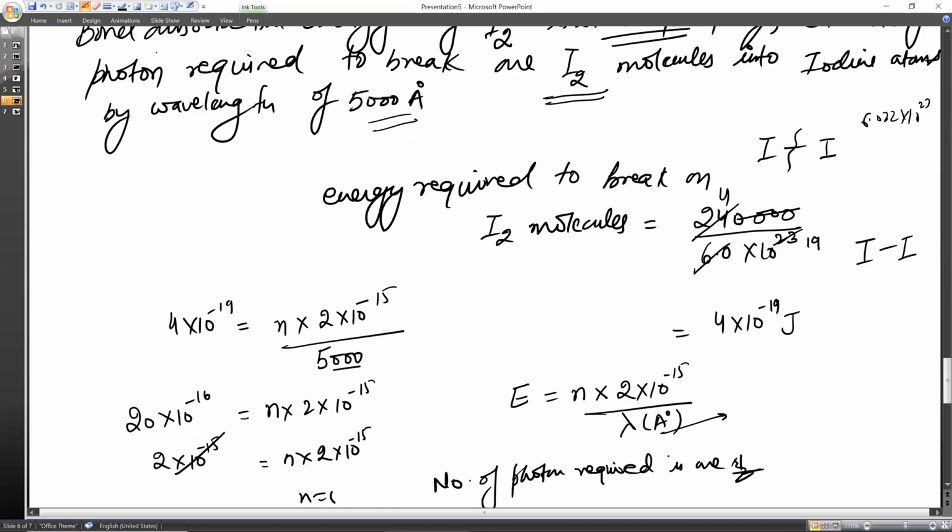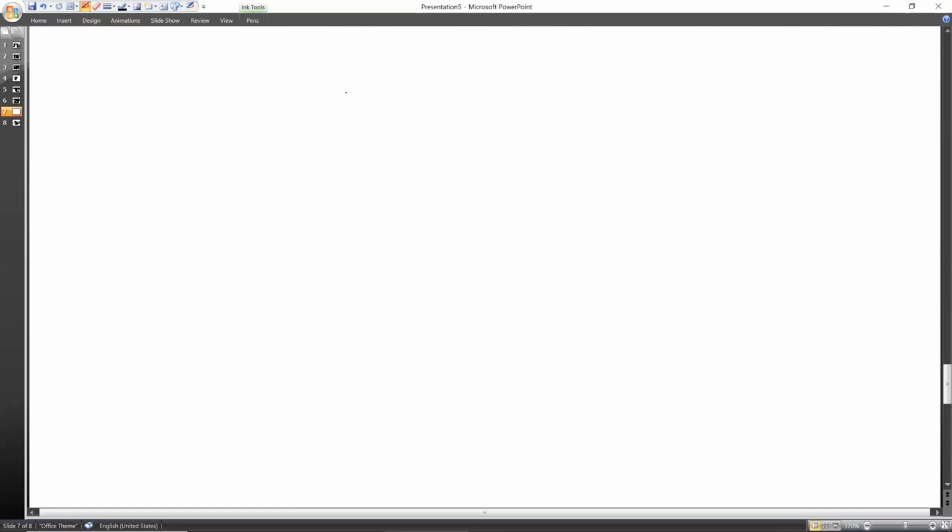This formula basically comes from solving these values: E is equal to hc by lambda. h is 6.6 into 10 to the power minus 34, c is 3 into 10 to the power 8. If the wavelength is in angstrom, whatever is given to you, you have to write it as 10 to the power minus 10 if it is in meter.